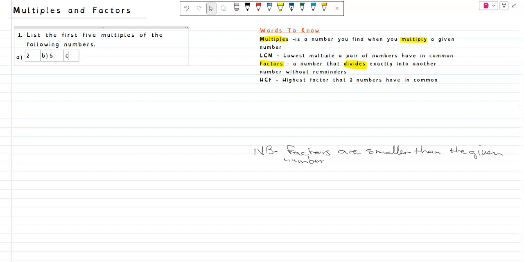So C is 8. Then D is 10. E is 12. And F is 100.